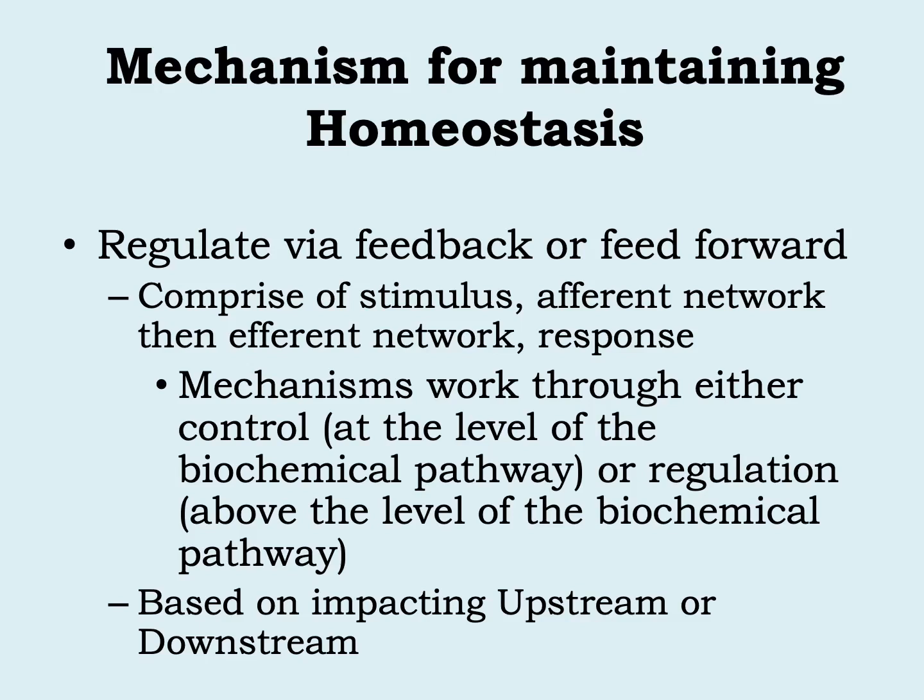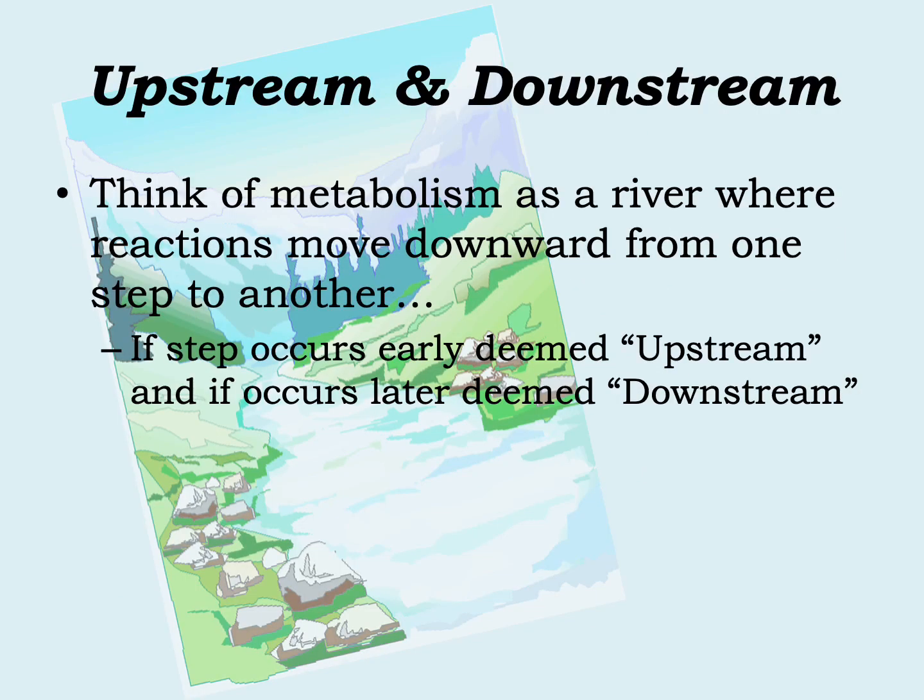The way in which this functions is based off what's referred to as upstream and downstream. And that's where we have to look at the cascade of events that are taking place within metabolism as a river, where things are constantly moving downward from step 1 to step 2 and step 2 to step 3 and step 3 to step 4 through the processes. If the step comes earlier, it's deemed upstream. That is, step 1 is upstream from step 2. If it occurs later, it's referred to as downstream.